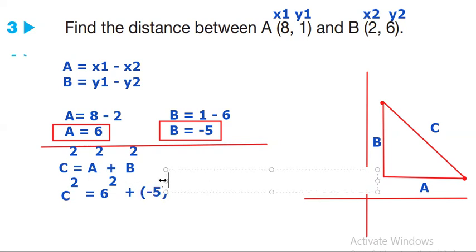Now, if you put the number without brackets, it will give you a wrong answer because it's going to be negative 25. Instead of squaring the whole number, which is negative 5, the calculator will square 5, and then it will give it to you as a negative number.